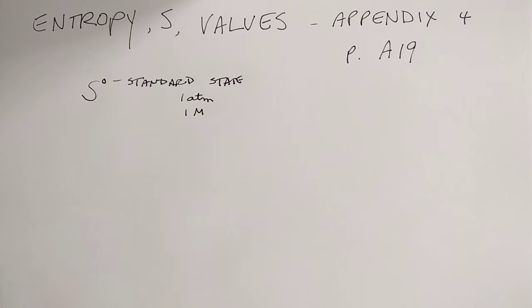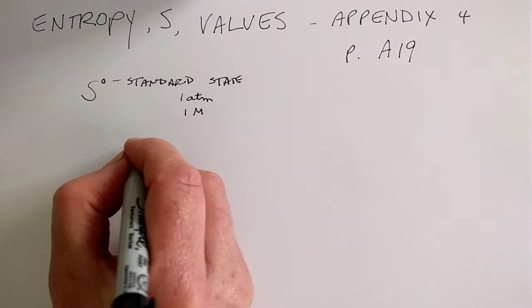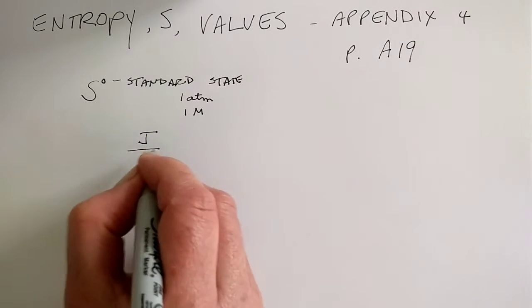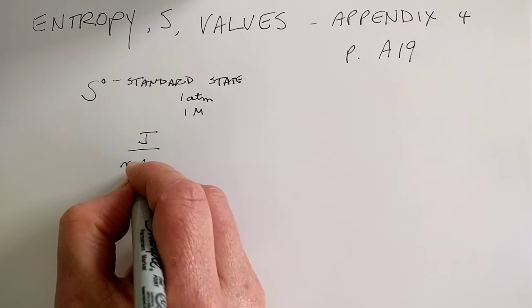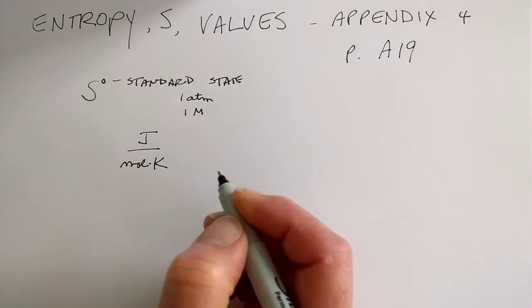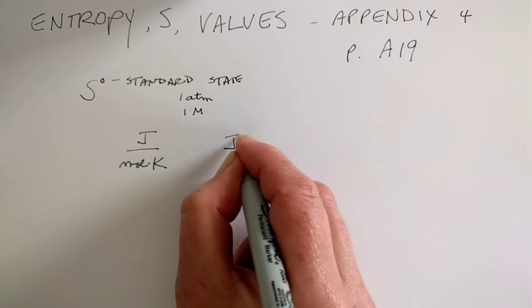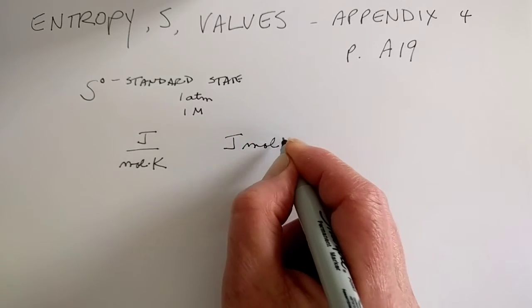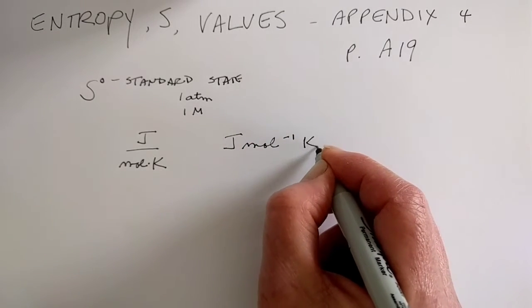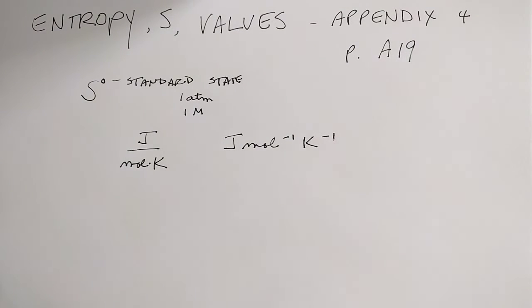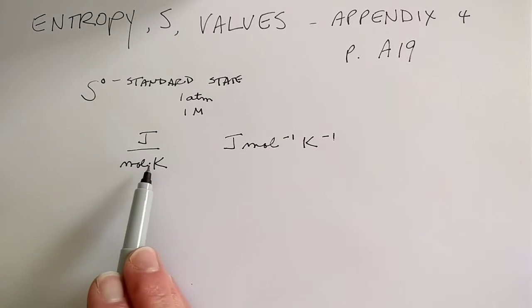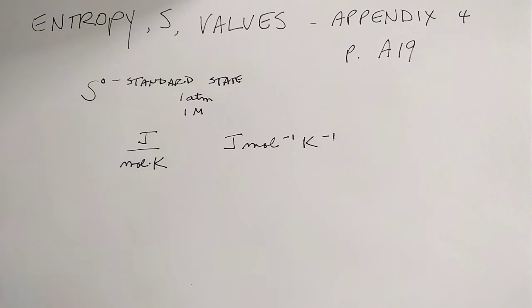All right, so the units that they give us are joules per mole times Kelvin, which we could also write as joules, moles to the -1, Kelvin to the -1. They actually have Kelvin mole, but it doesn't matter if you write Kelvin mole or mole Kelvin.